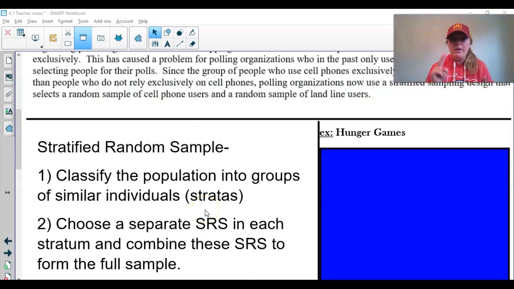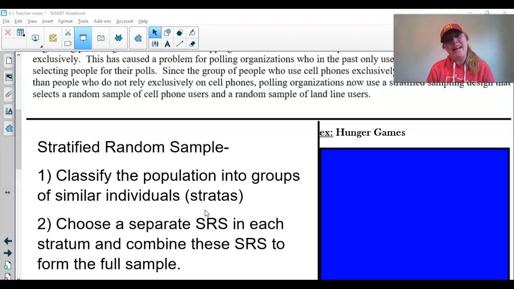Then step 2, we choose a separate SRS in each stratum, each of those hats, to form the full sample. Instead of taking 100 out of the first hat, we would take 25 out of the 9th grade hat, 25 out of the 10th grade, 25 out of the 11th grade, and 25 out of the 12th grade. And then we'd ask them, what's your favorite thing about high school? So on and so forth.